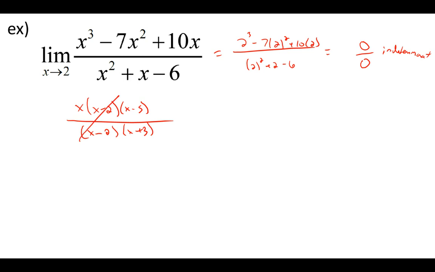And then you could cancel there, and then you could try to find the limit. And it turns out it would actually work in this case. So then you would try to do the limit as x goes to 2. You would plug it in. You would get 2 times negative 3 over 5, so negative 6/5. All right, so it's possible using what we know.